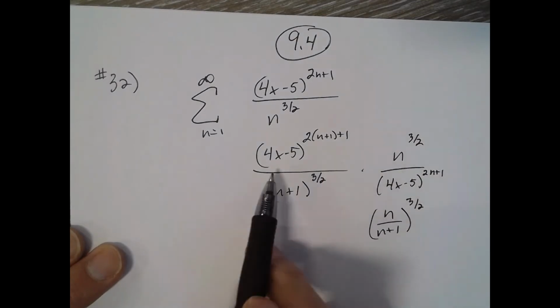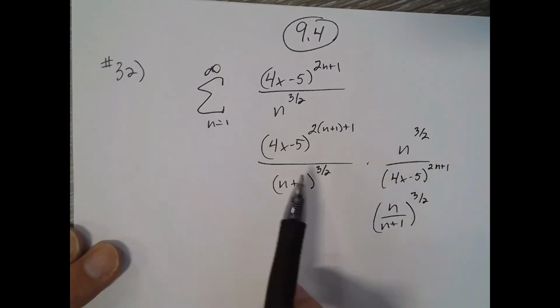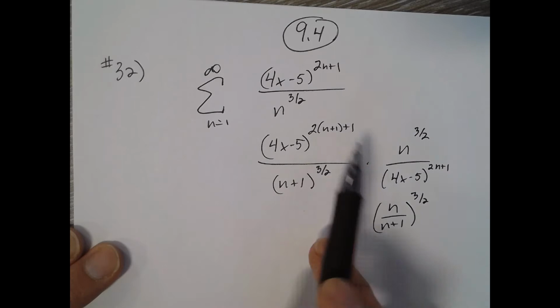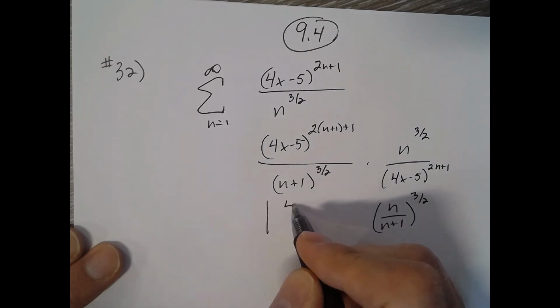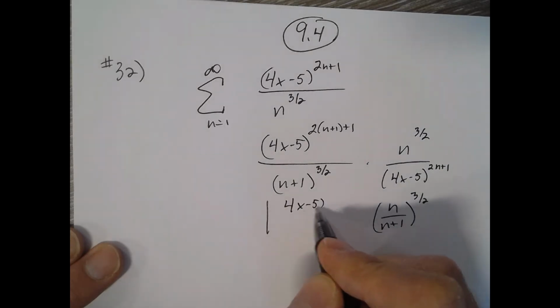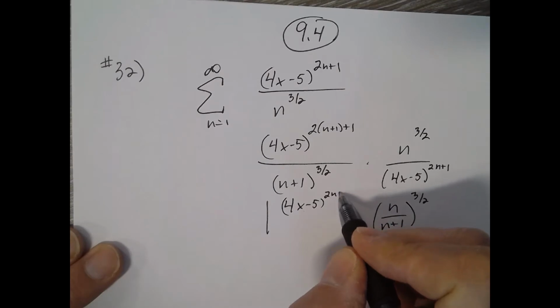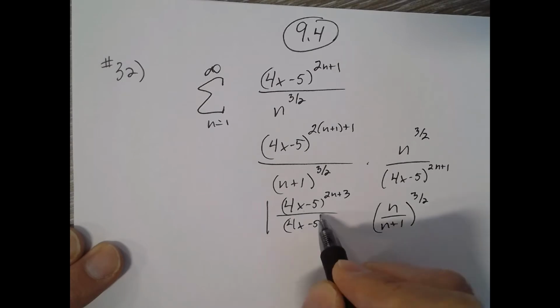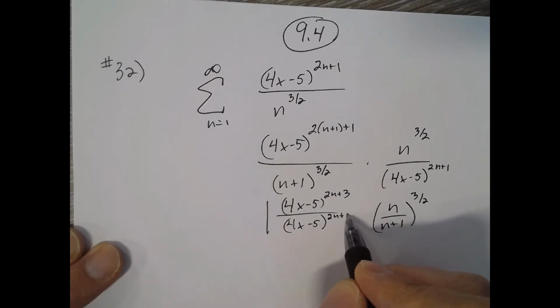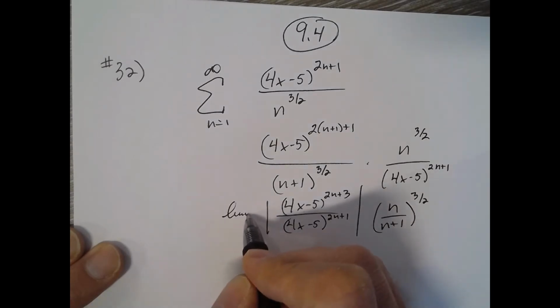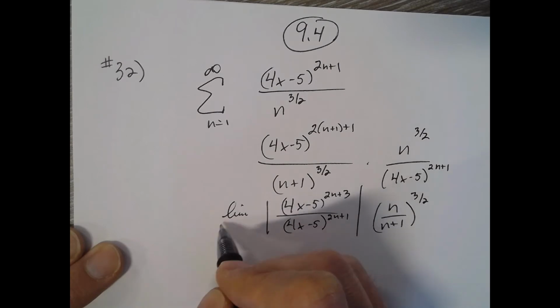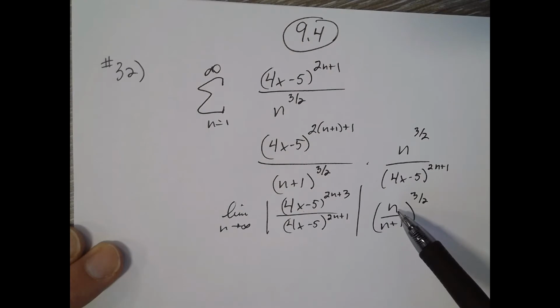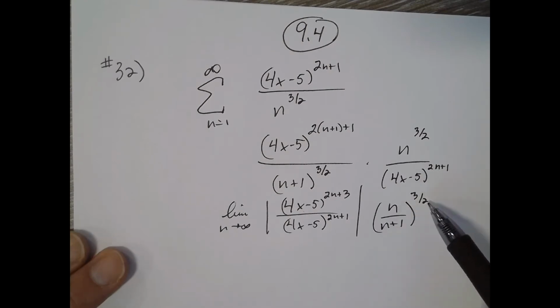And then I've got the x stuff, so I've got 2n plus 3, so 4(x minus 5) to the 2n plus 3 over 4(x minus 5) to the 2n plus 1. And the limit as n goes to infinity. That's 1 over 1, so this is going to become 1. 1 to the 3 halves is 1.